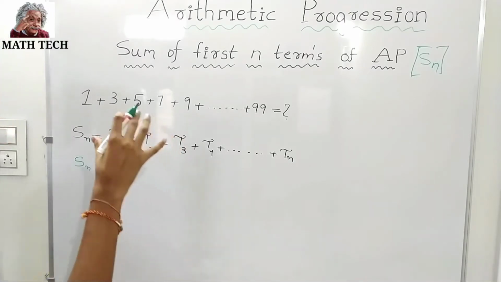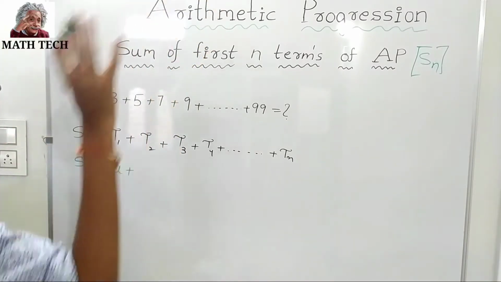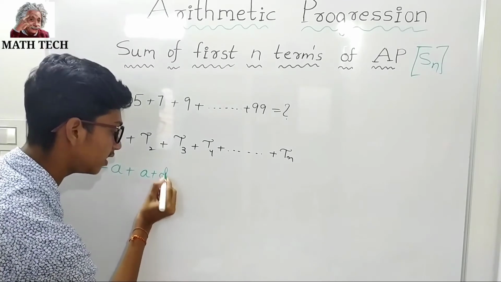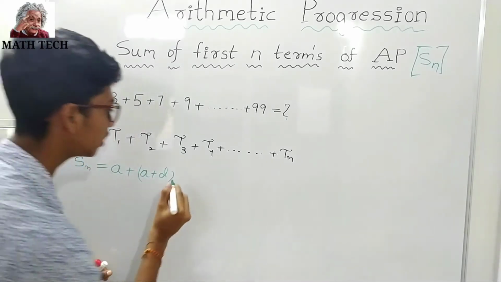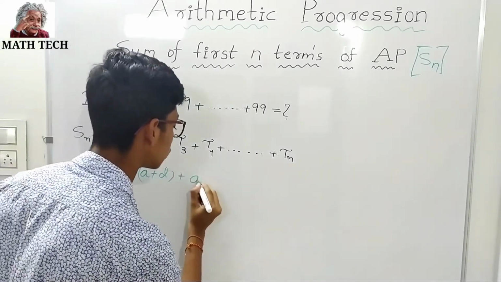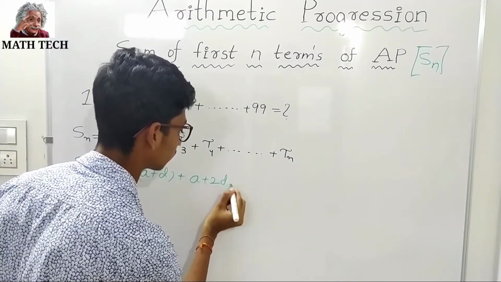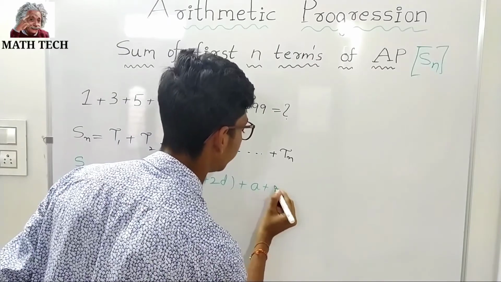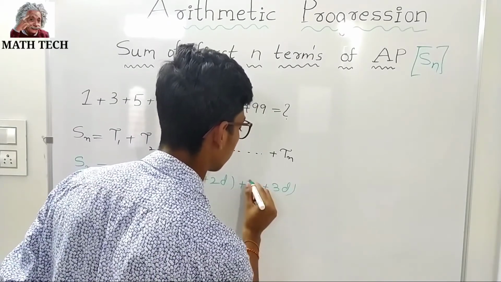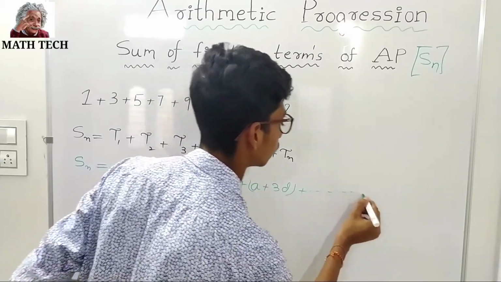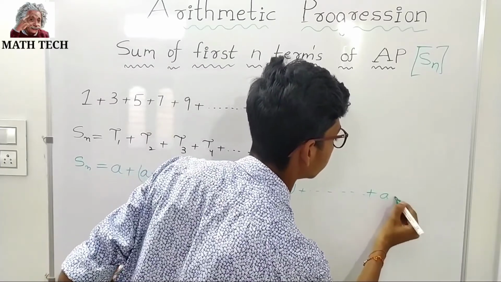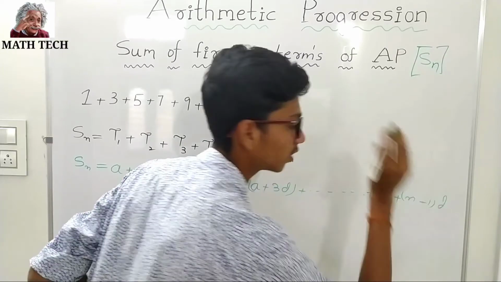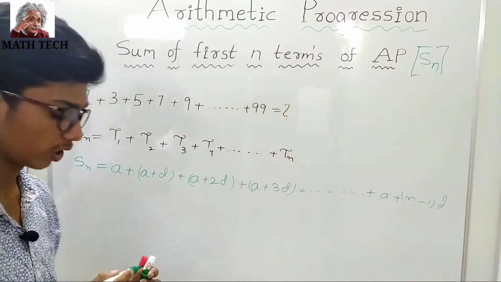Now we are finding the formula, the proof for the sum of n terms of AP. A plus D. Third term is a plus 2D. A plus 2D plus a plus 3D plus, goes up to a plus n minus 1 into D. The nth term formula is a plus n minus 1 into D.